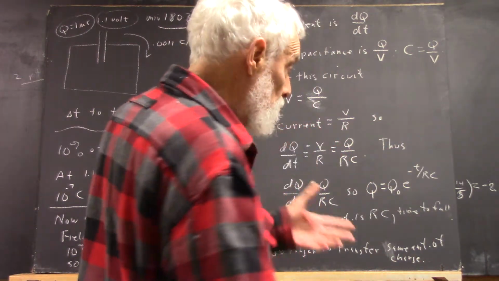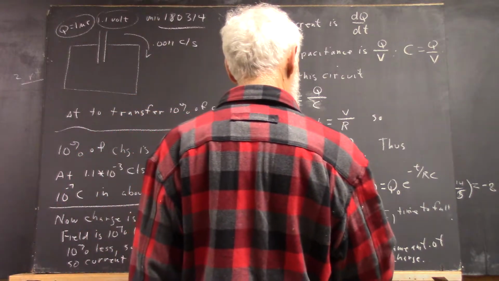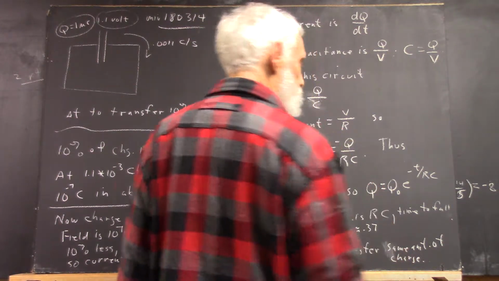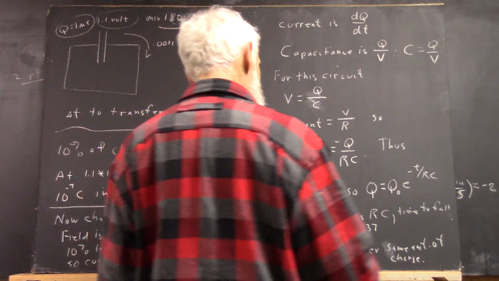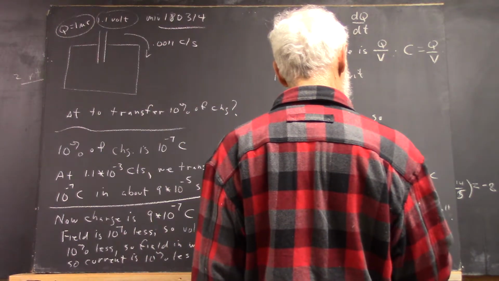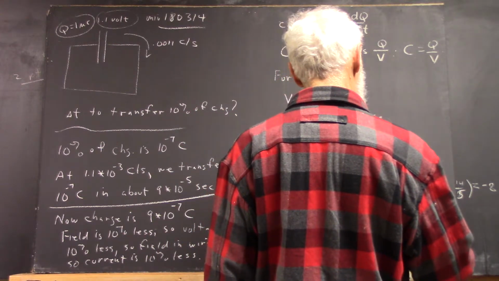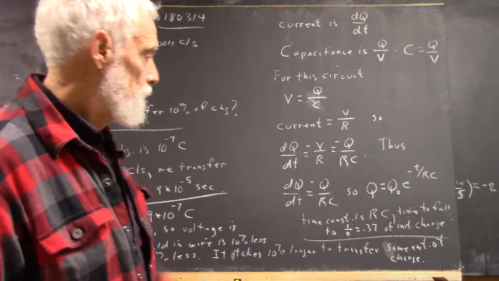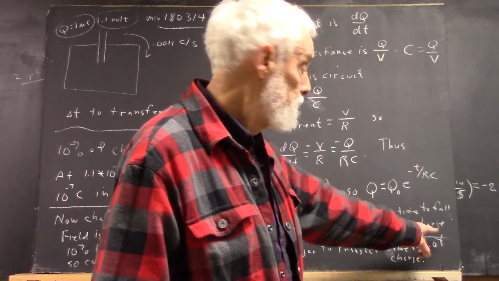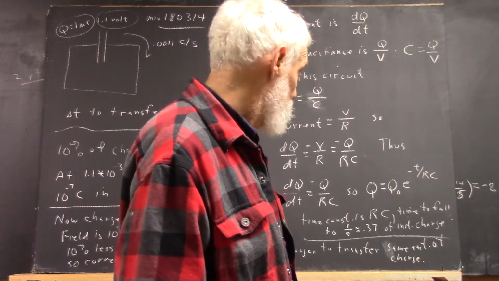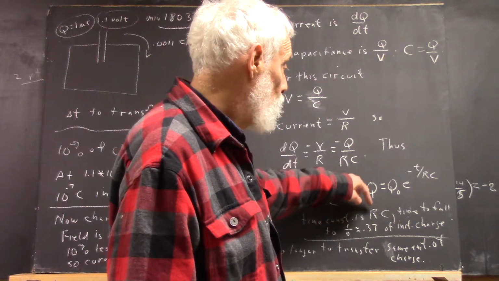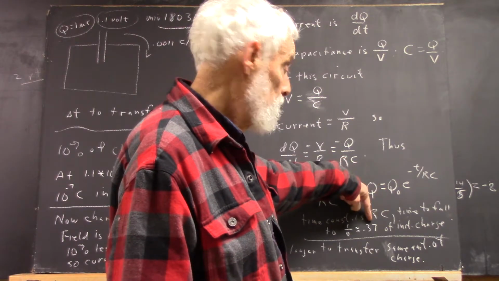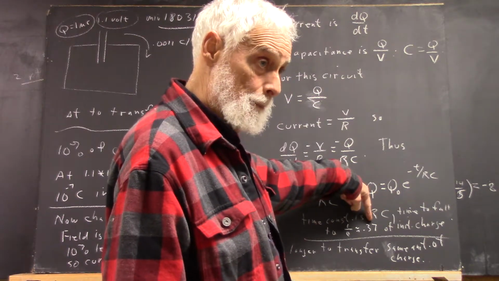And that's the time required to fall to 1 over e, which I think is approximately 0.37, of the initial charge. Initial charge is the charge at whatever time you want to say. Okay, one time constant, 1 RC later, you're going to be down to 37%. Okay?